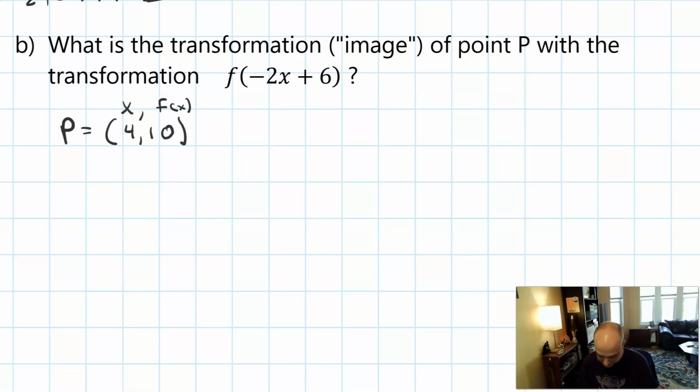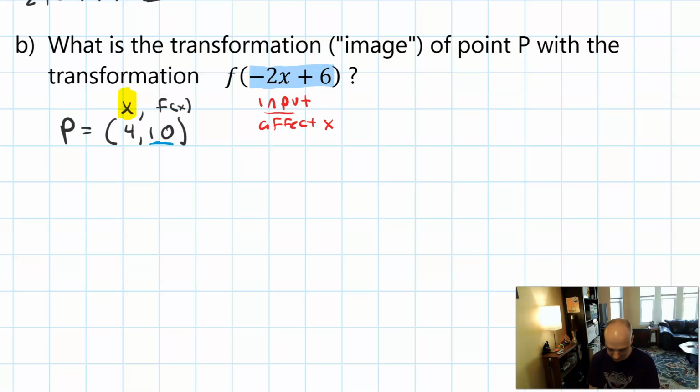Now in this case, negative 2x and plus 6 are both affecting x before the function is applied. So these are input transformations. They're going to affect x, not y. So in this case, the y is going to be unchanged, and I already know it's just going to have a 10 there.